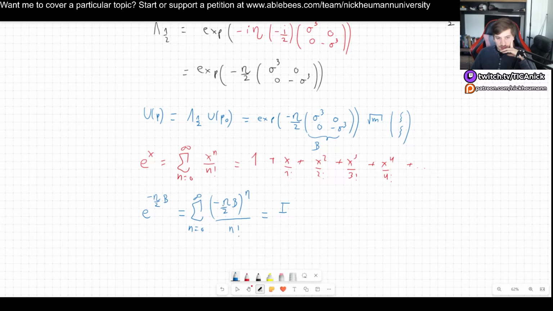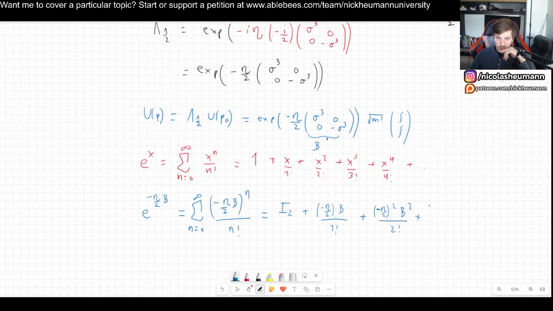First, of course, we're going to get the identity. And what dimension is going to be the identity? It's going to be another little 2 by 2. Then we have this thing normal, so we're going to have minus eta over 2 times B, over 1 factorial. Now we get that thing squared, so we get minus eta over 2 squared B squared divided by 2 factorial.